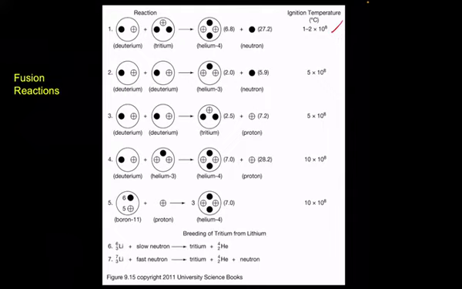You get different temperatures that are needed, and you get different products. But in general, they're small nuclei that fuse to give you a slightly larger nuclei. That's all. And the main ones we're working with right now are 1 and 2, from what I remember or believe to recall. And I forget what the number in the parentheses are.